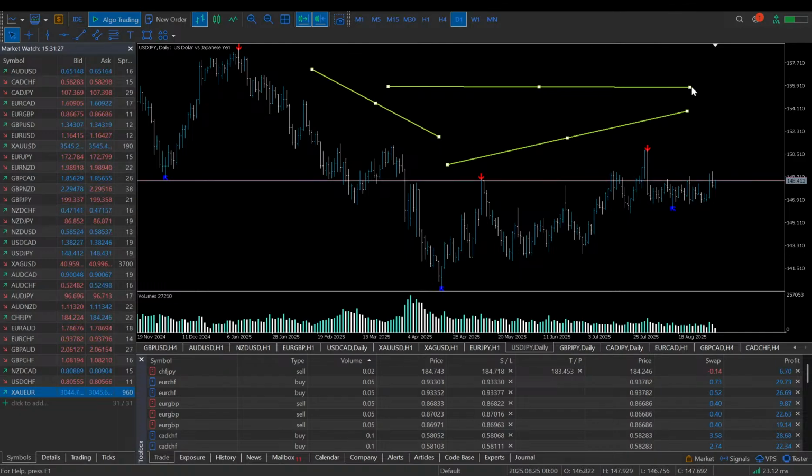Now if the side trend line is broken to the upside or to the downside, then we can figure out that there is a chance that the price is making a direction.